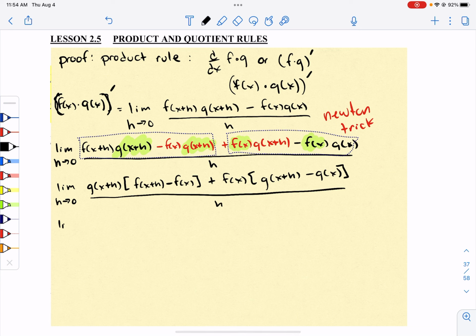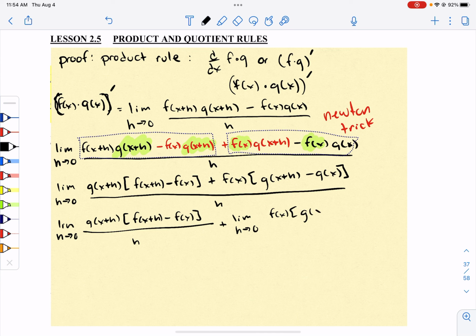I'm going to say the limit as h goes to 0, and I'm going to start with this one, g of x plus h, multiplied by f of x plus h minus f of x, divided by h. And then I'm going to add the limit as h goes to 0 of f of x multiplied by g of x plus h minus g of x over h. All right, you with me so far?